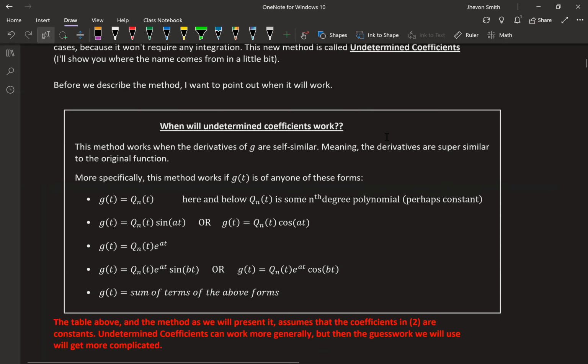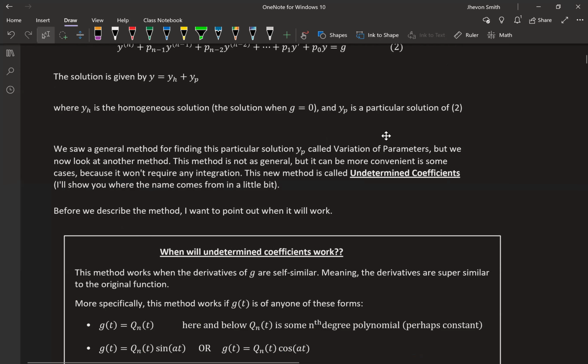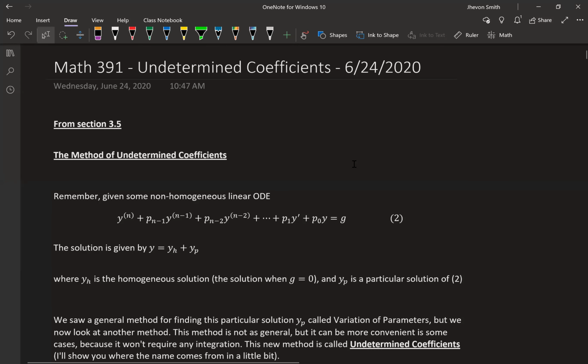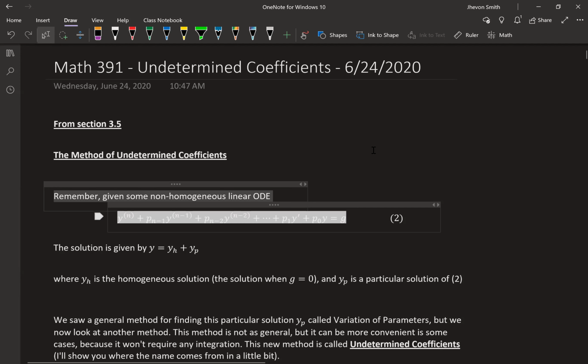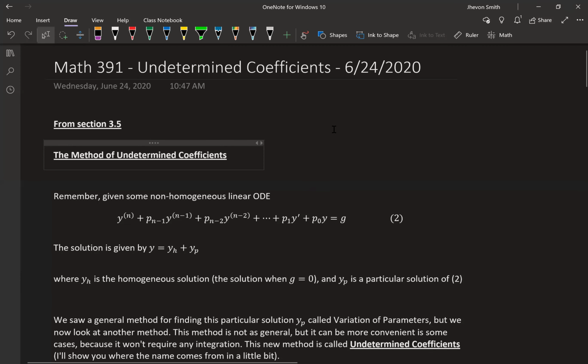Okay, now it turns out that this method is a little bit more restrictive in the sense that it doesn't always work. For this method to work, undetermined coefficients, your equation and your G needs to look like a very specific form. Your G needs to be a function who is similar to its derivatives.